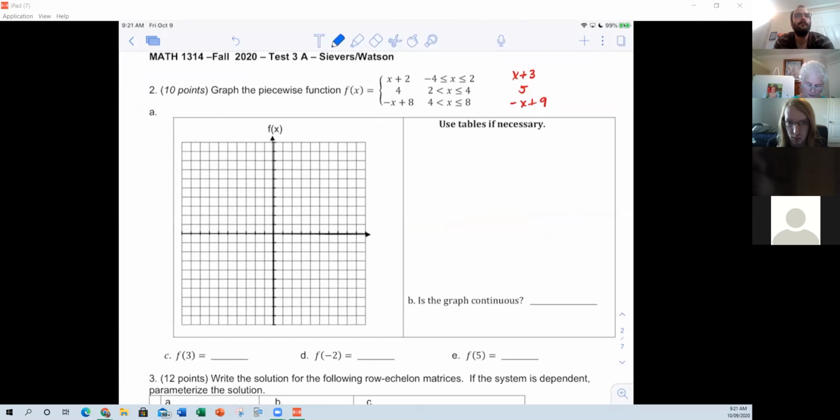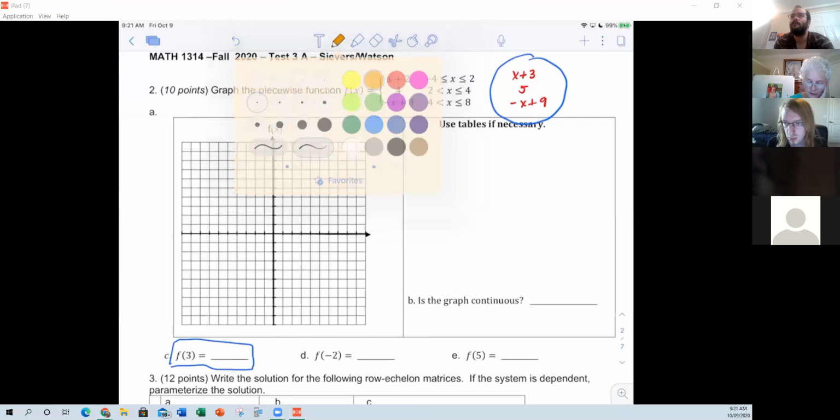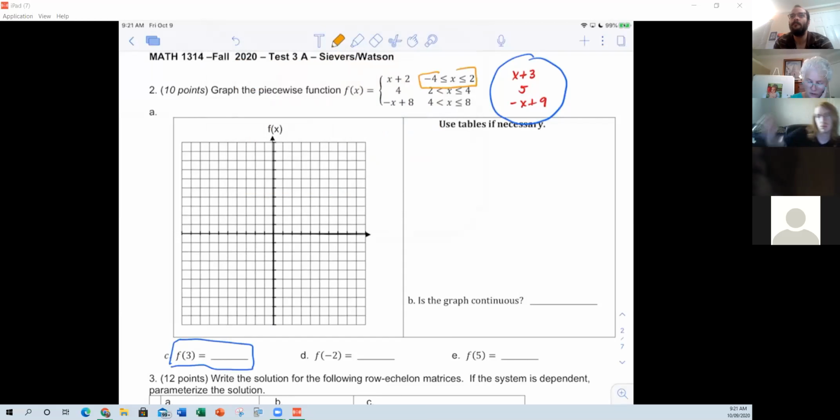So like if you have f of 3, which form did you have, A or B? Test B. Okay, so you would be looking at these right here. So f of 3, the number 3, which interval does it fall in? Does it fall in this interval or this interval, or the second interval or the third interval?